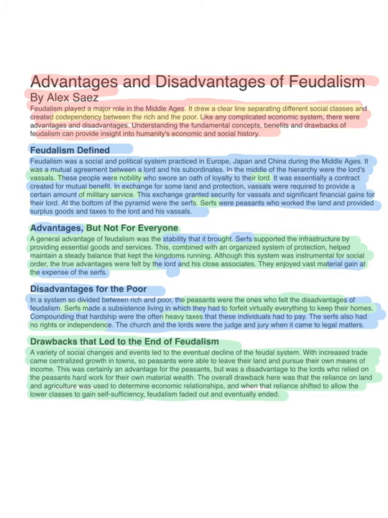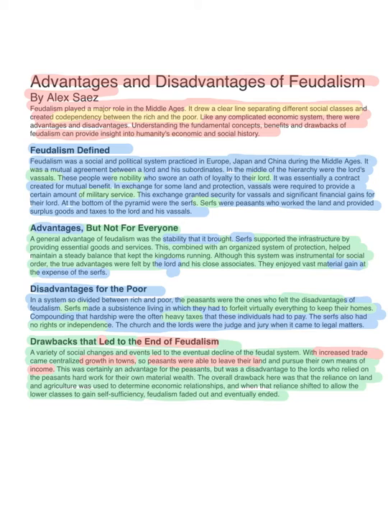Okay, so basically, let's go back to this. Increased trade helped end feudalism. There was growth in the towns. The peasants were able to leave and get their own means of income, and that was an advantage for them.